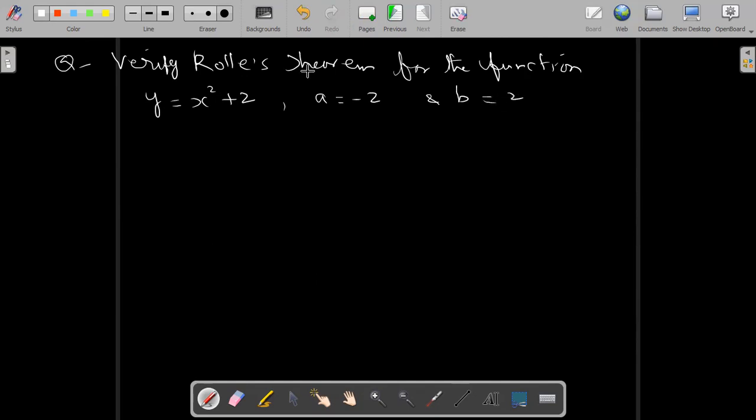So the interval is given, and the function is also given. Y means we have been given f of x. So first we have to check the continuity.